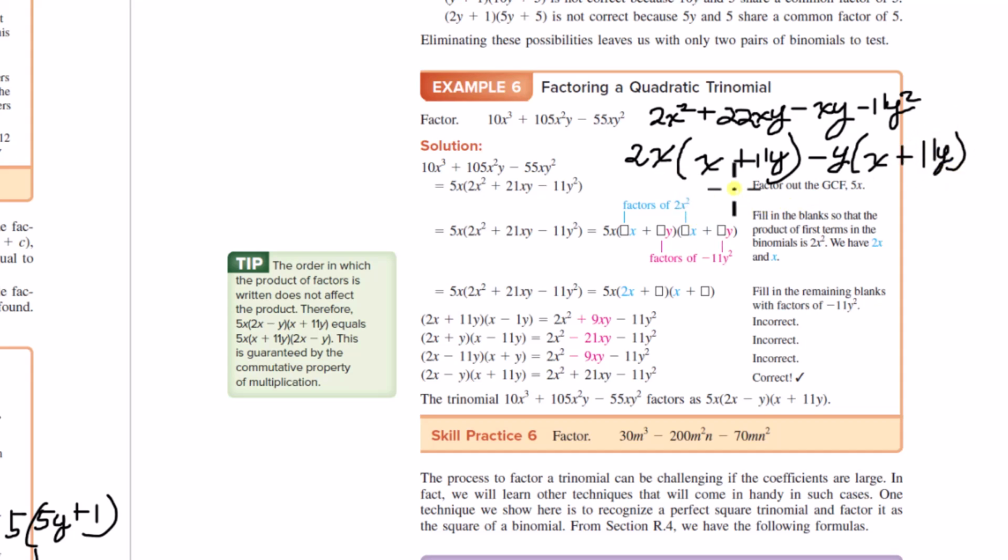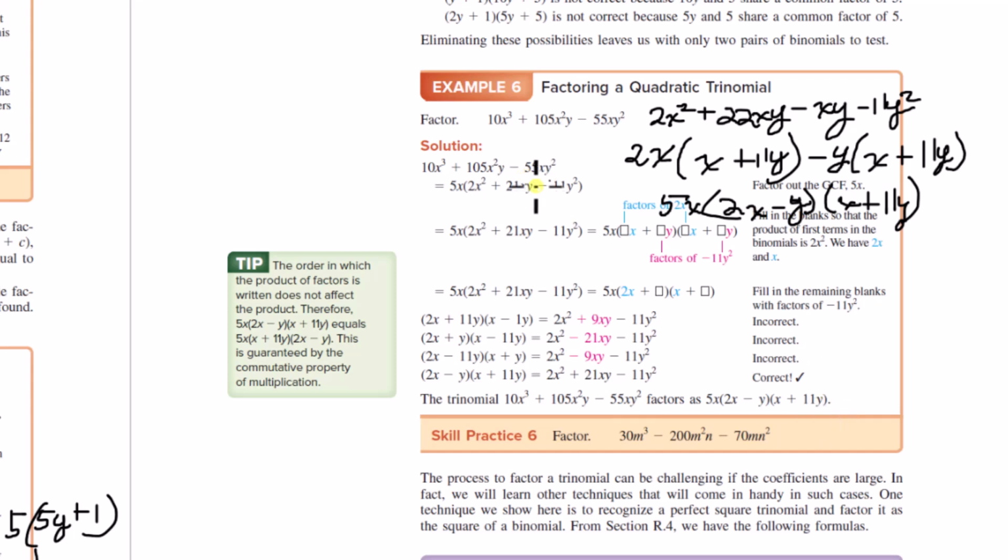So now we just factor out the x plus 11y. So 2x minus y, and then x plus 11y. Right? But now put the 5x now. We just factored this. And that's what we see here. Yeah, 5x, 2x minus y, x plus 11y.